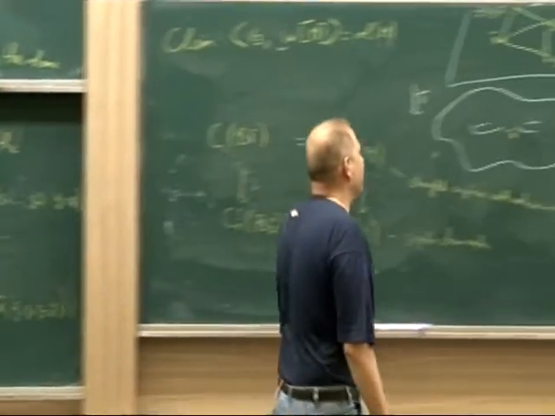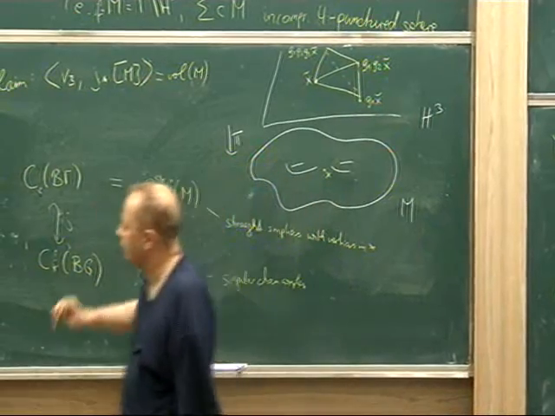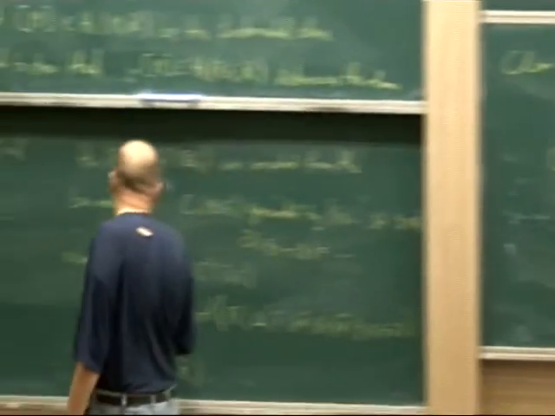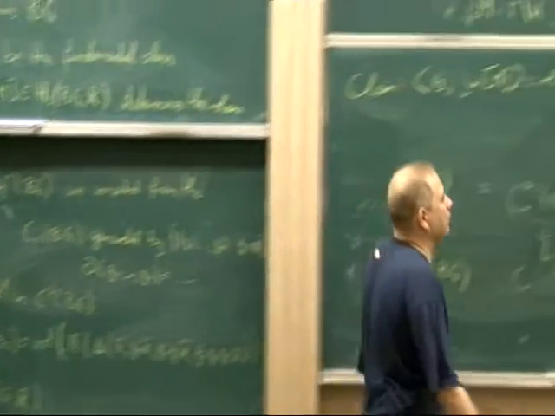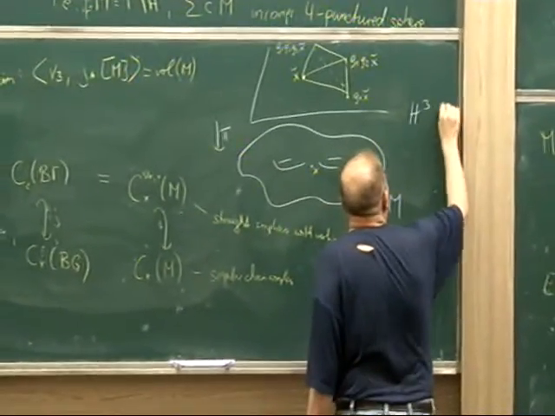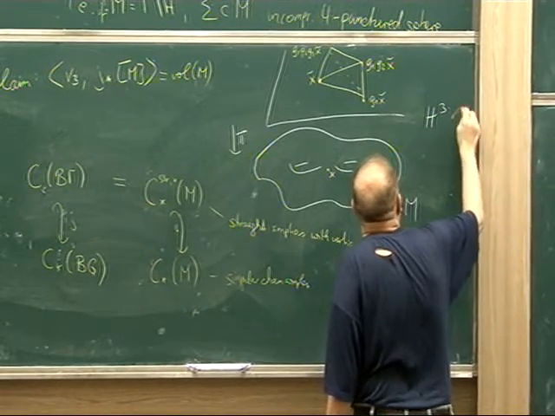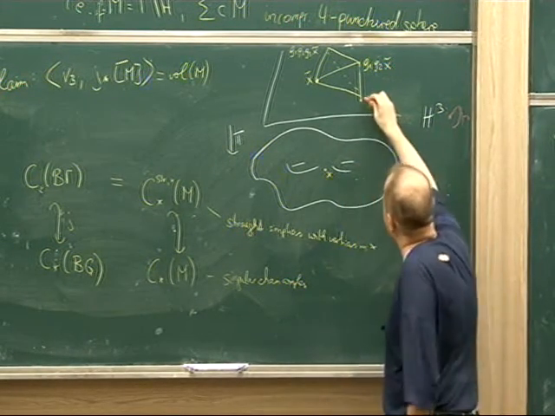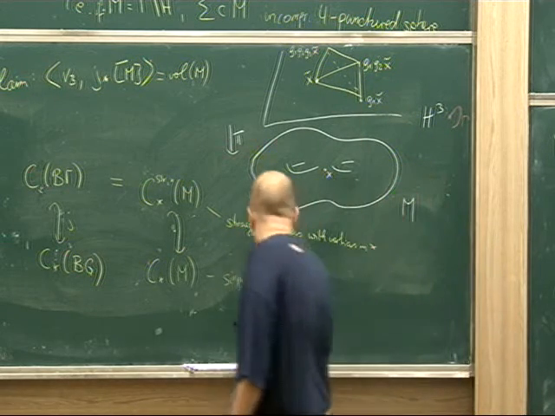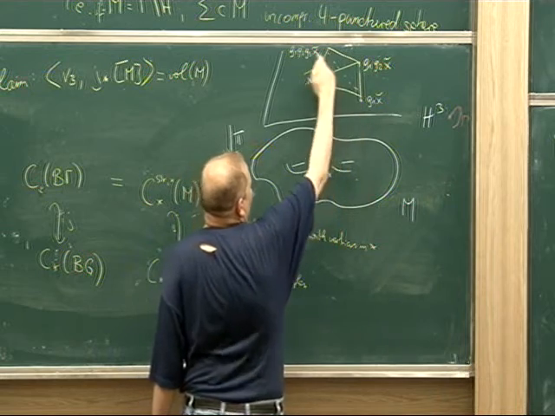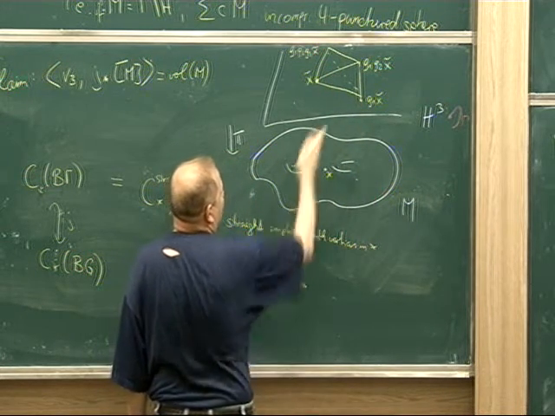If you assume that the elements g1, g2, g3 are elements in Γ, which is of course the deck group of this covering, then this means that these points all project to the same x, because they are all in the orbit of it.